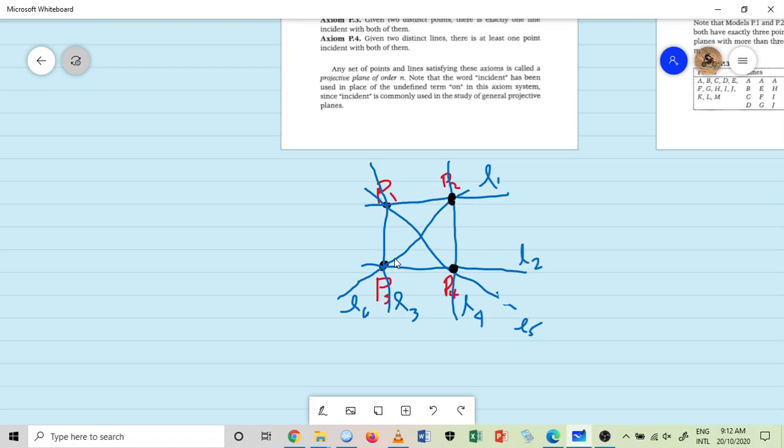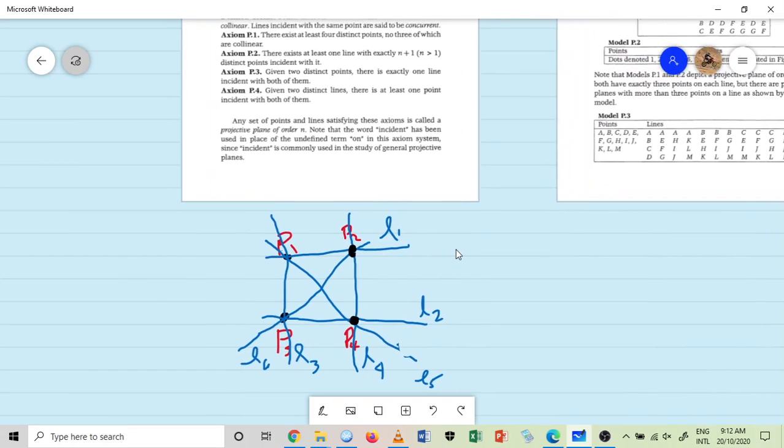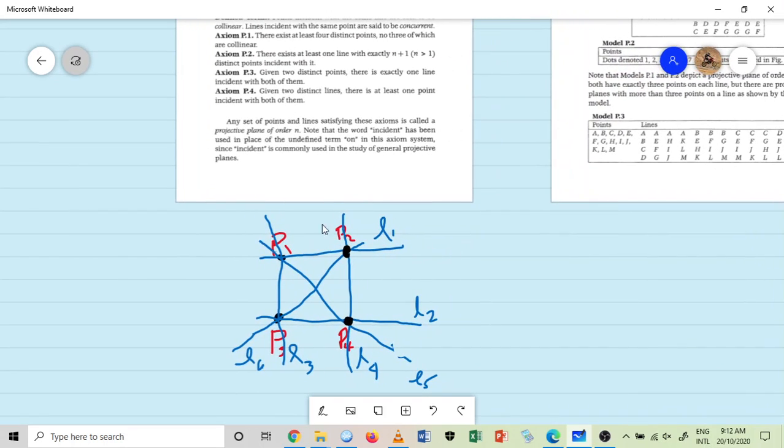So L2 and L1 must meet somewhere here, but here we have L1 and L3 meet at P1, L1 and L4 meet at P4, and so on. Just be reminded that every two distinct lines must meet at at least one point.